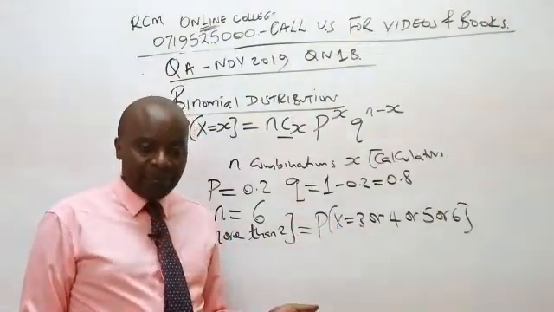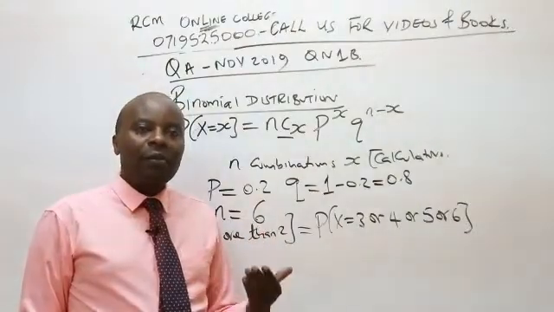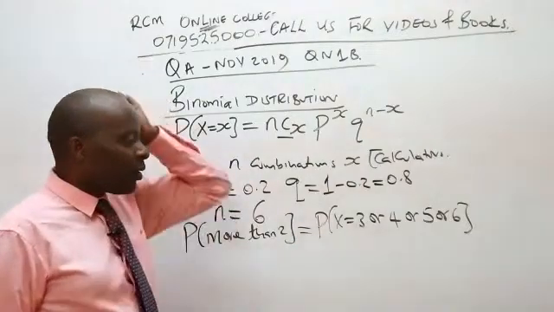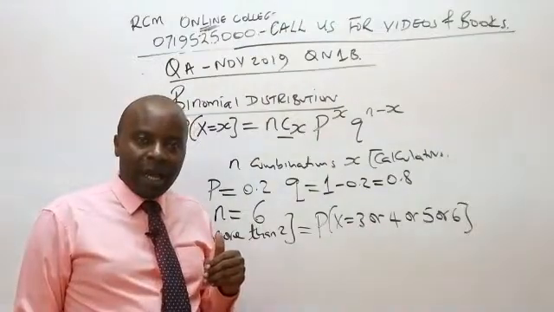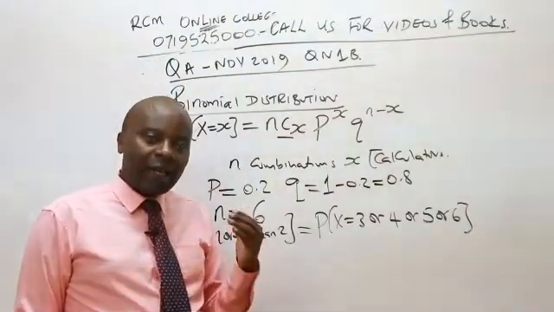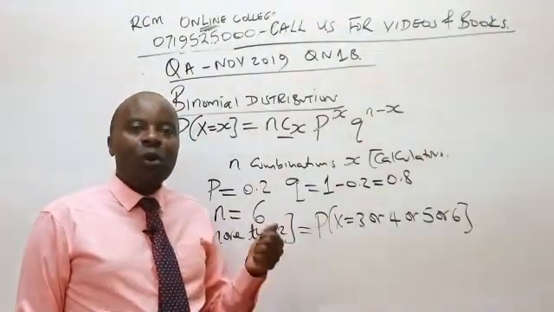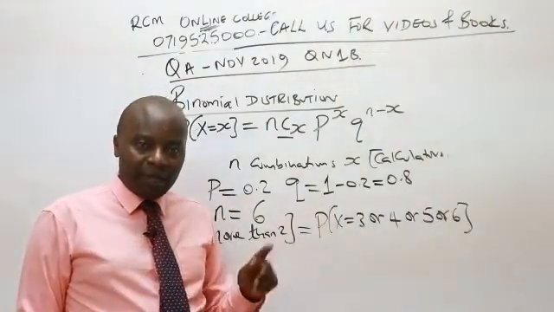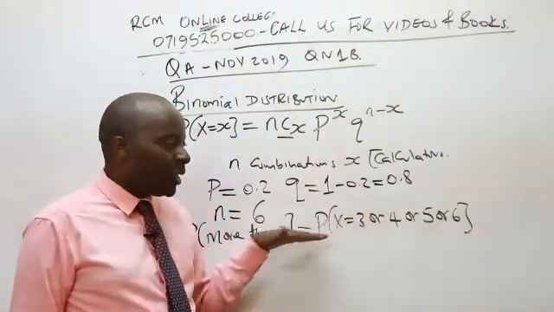Now, ladies and gentlemen, using this concept of mutually exhaustive events, if you look at all the possible outcomes, there is the scenario that we may not get any consultant being absent, probability of X equal to 0. Then we have probability of X equal to 1, then probability of X equal to 2, and then all these other events.